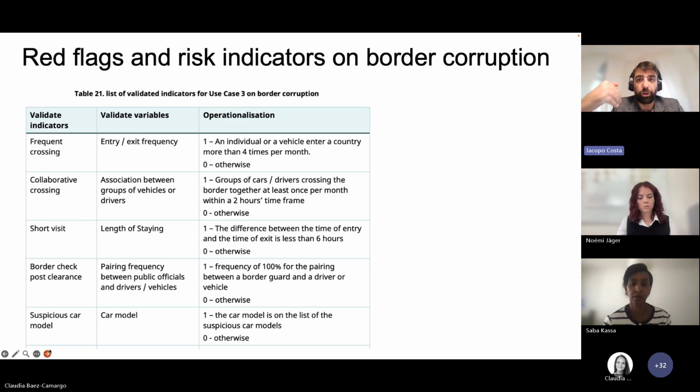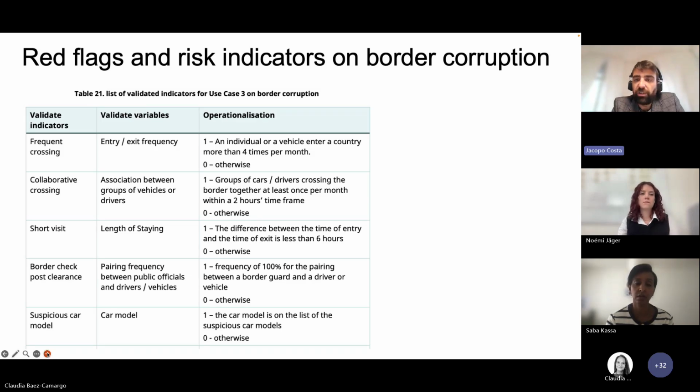The second is collaborative crossing, when many different vehicles cross a border together in a collective modality. The third is the length of stay: the shorter a visit is, the more suspicious it can be for border corruption.